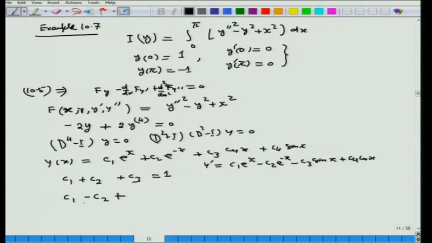So, we will get this when we put 0: you get c 1 minus c 2, this sin term will become 0, plus c 4, and that is equal to y prime 0 equal to 0. That is the second condition.